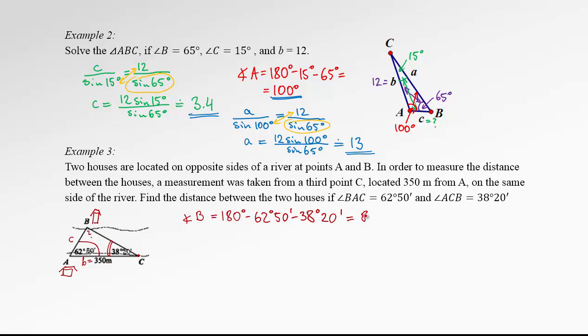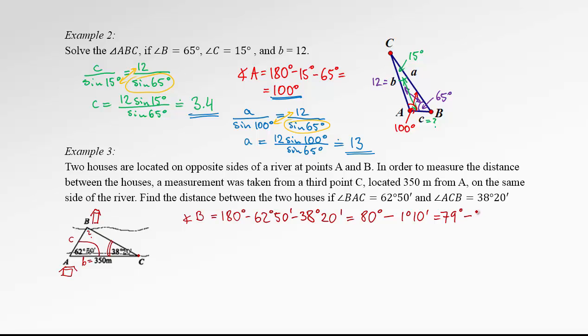That would be 80 degrees. And then I still need to subtract 50 minutes and 20 minutes, altogether 70 minutes. But 70 minutes is 1 degree and 10 minutes, isn't it? Because 1 degree converts into 60 minutes, right? So 80 degrees minus 1 degree is 79 degrees.